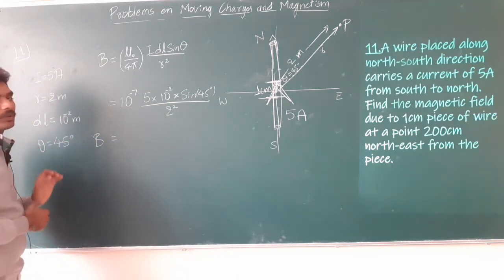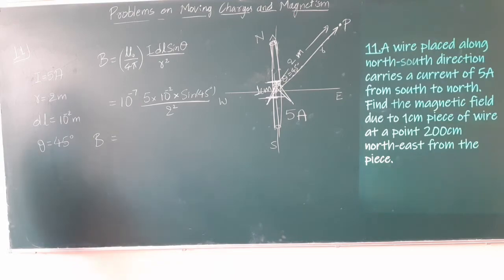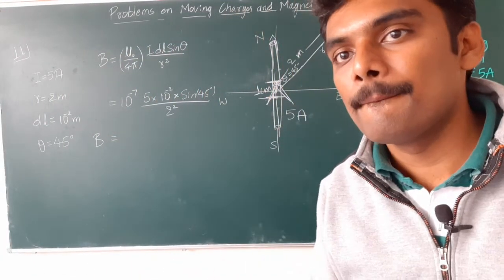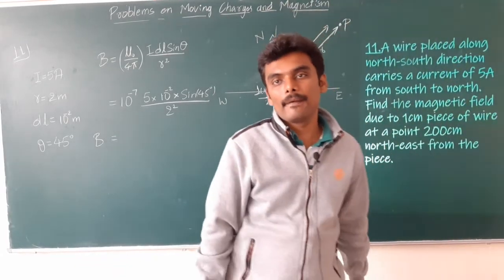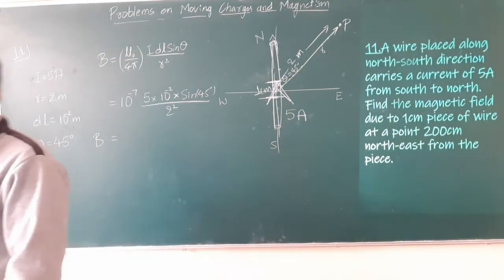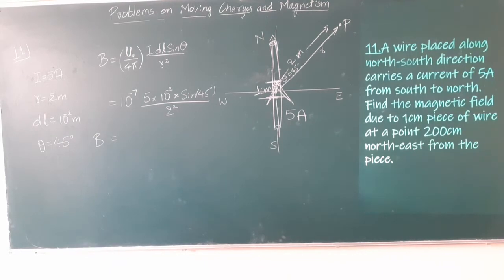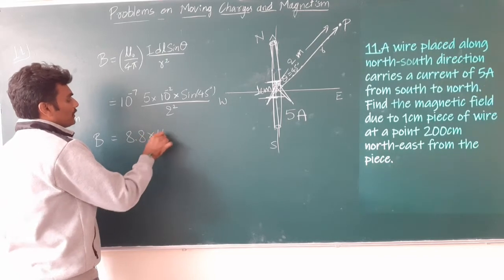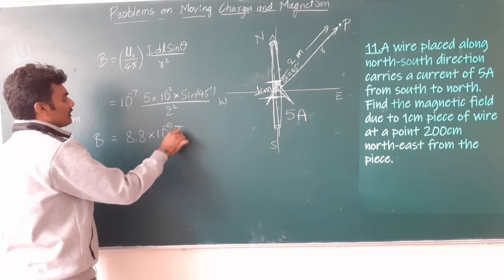What is sine 45 equal to? 1 by root 2. Make use of a calculator and get the value of B. So the value of B would be 8.8 into 10 to the power of minus 10 Tesla.